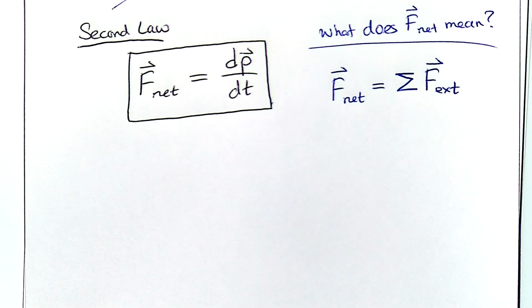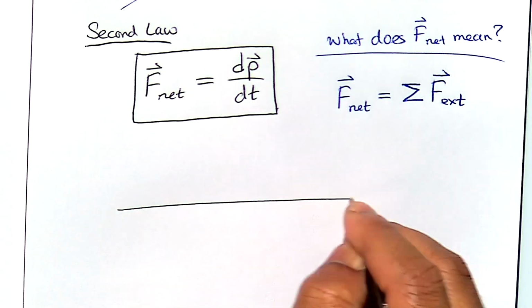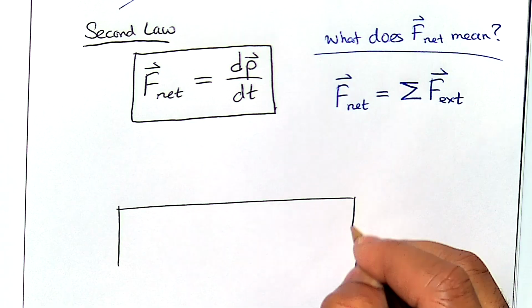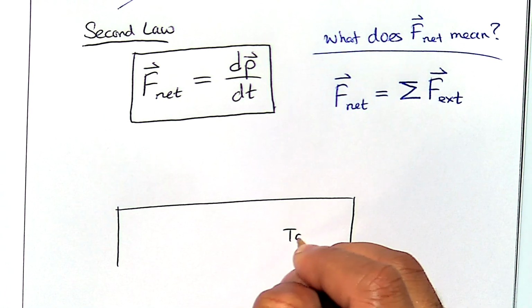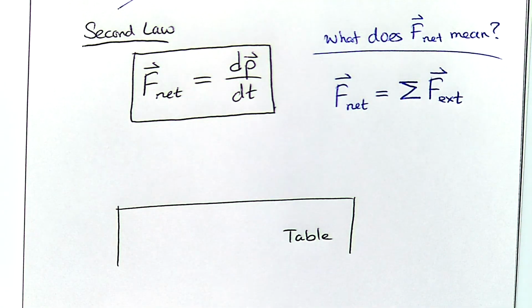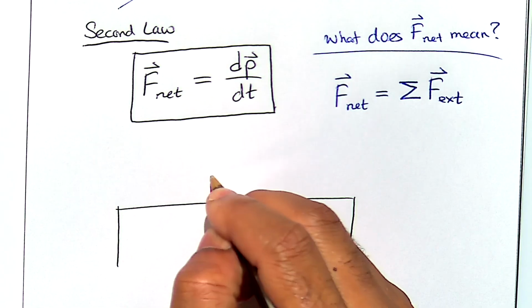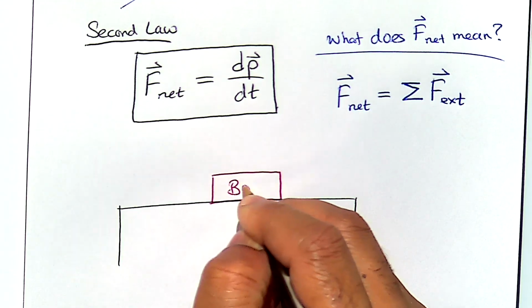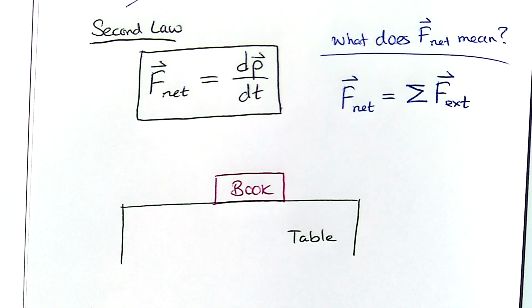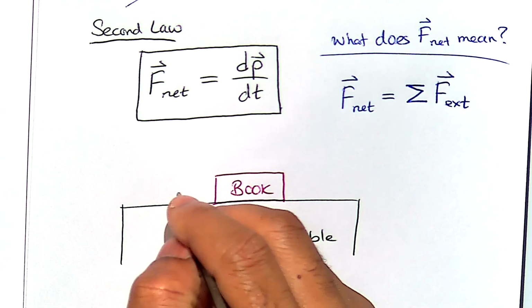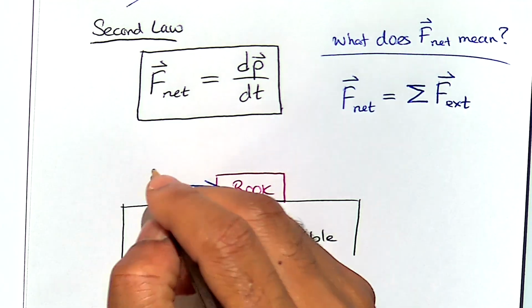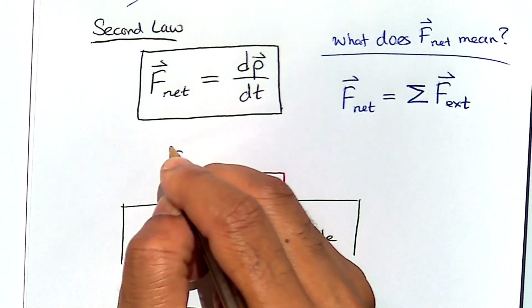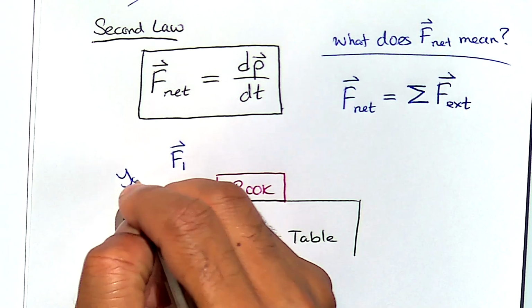So let's say we take an example of a table here, and then on the table is a book. Okay, and let's say you are pushing on the book from this side, call that F1, and that's you.